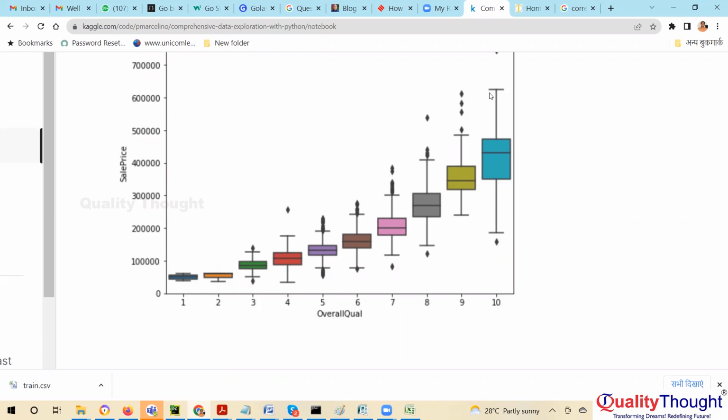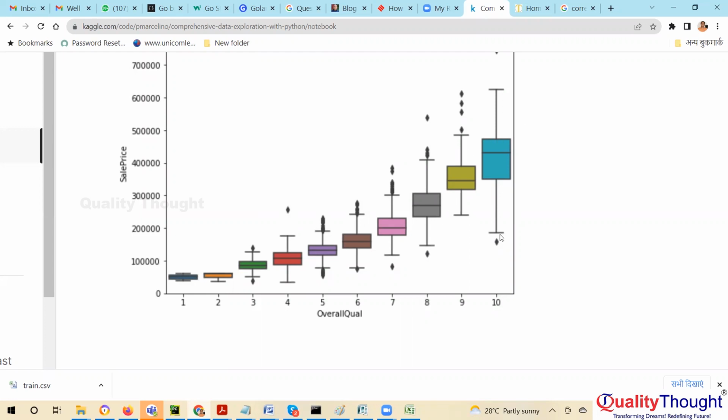When you segregate, you have an overall quality column, and the quality column has values 1 to 10. Now I want to see how many people have voted for quality 10, so you see that price range. Quality 1 has a very small price range, but quality 10 has a higher price range here.